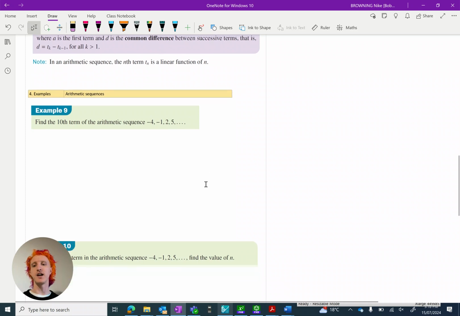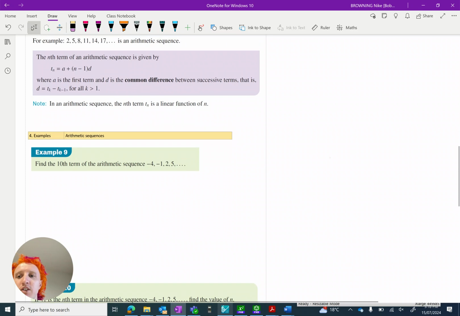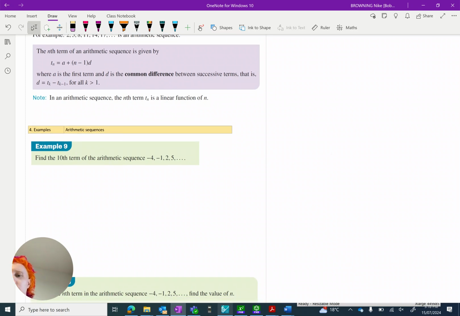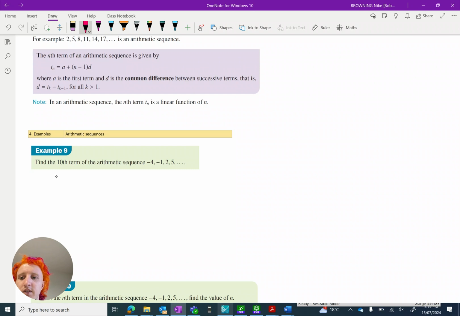So our examples: find the nth term of the arithmetic sequence -4, -1, 2, and 5. So we've got all the values we need. So again, moving back to our little equation, Tn equals a plus n minus 1 d.